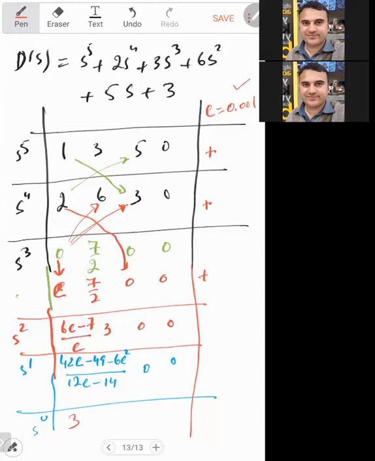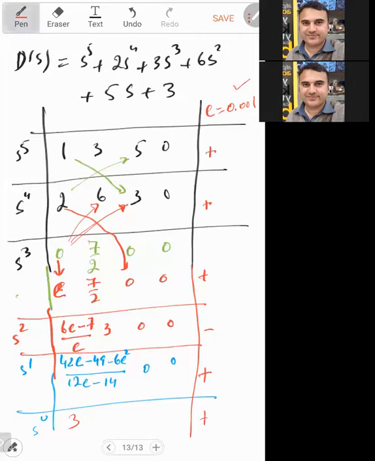But this value, if e is very small, you will get a negative value over here. Similarly, you have to calculate this one, but you see e square is small, so this is very small and you can ignore it. And here also negative divided by negative, so you will get a plus value over here. So easily you can do this, and finally you get a plus value.